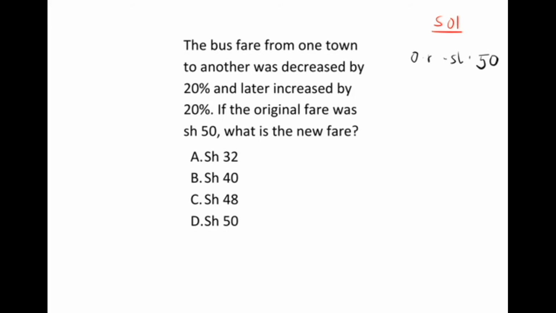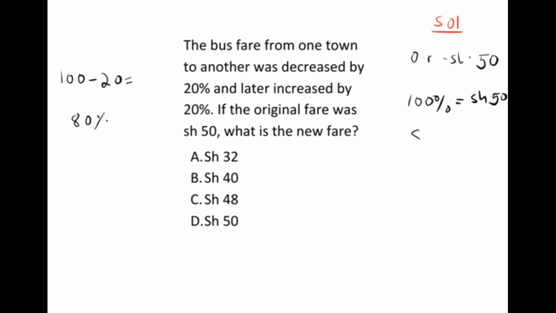Therefore, let us see how much is the fare when it was decreased by 20%. 100% is equivalent to 50 shillings, the original fare. Then it is decreased by 20%, so we have 100 minus 20. The percent now will be 80%.